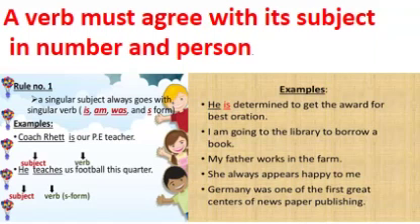And if they is written there, then we will use work. Next, she always appears happy. She is singular, then we will use appear as a verb here and s is used there to make it singular. Germany is singular and we will use here was, and was is singular. So, I hope you got to know that we always use a singular verb with a singular subject.